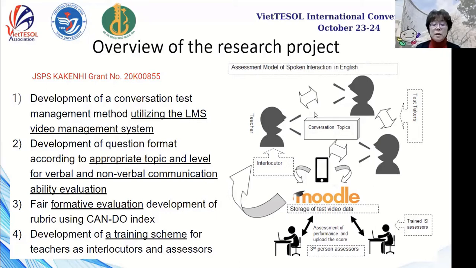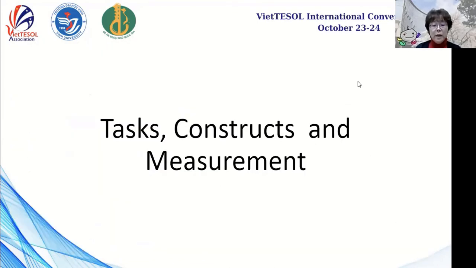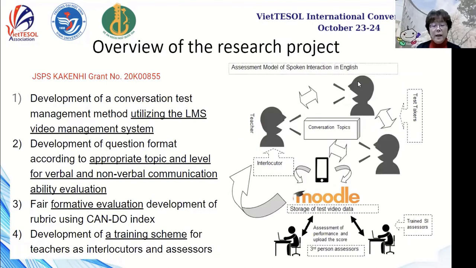Sometimes it will be interlocutor and test taker talking, interacting, or sometimes the test takers interact with each other in English. And all of this will be recorded and stored as digital data.